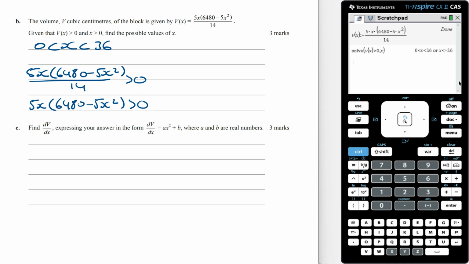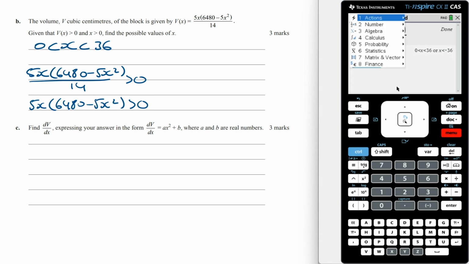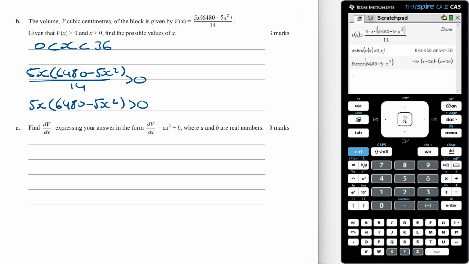We can factorize the brackets, and using the calculator we can do this. And so factorizing this, we can rewrite this as 5x times minus 5, which is going to be minus 25x times x minus 36 times x plus 36. And this has to be larger than 0.